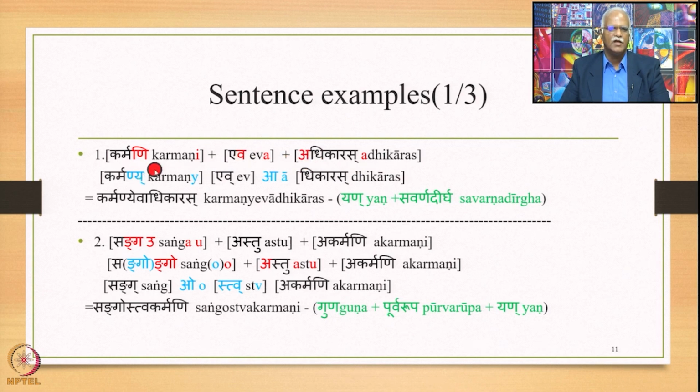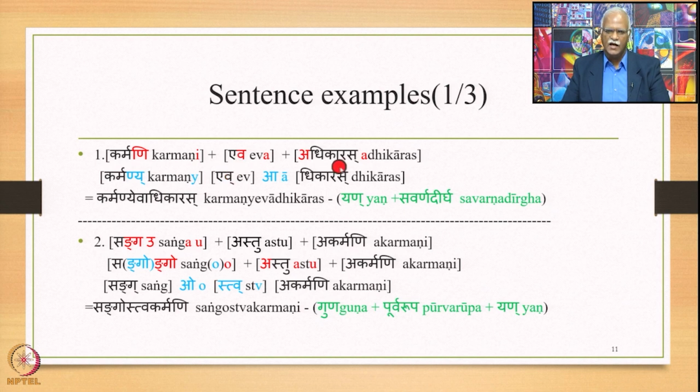So here we have E followed by this A, and so this is the scope of application of eco-yan-achi, and here we have A at the end of eva followed by A at the beginning of adhikaras, which is the scope of application of akas savarne dirghaha. So both the sandhis take place and you have karmani eva as the input and karmanya eva as the output.